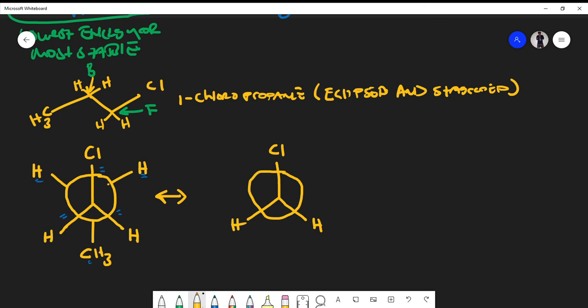So in other words, I should see a CH3 right here, a hydrogen right here, and another hydrogen right here. Ladies and gentlemen, this is the first eclipse version that we just drew.